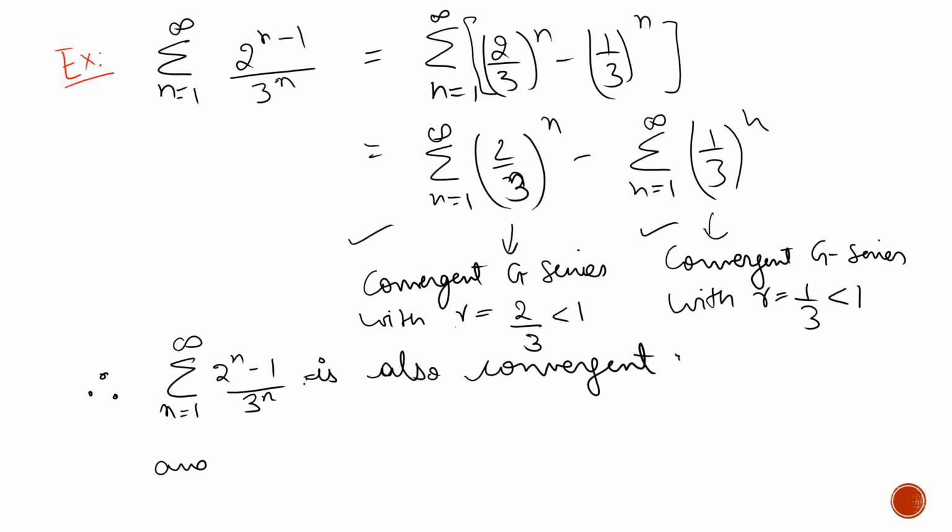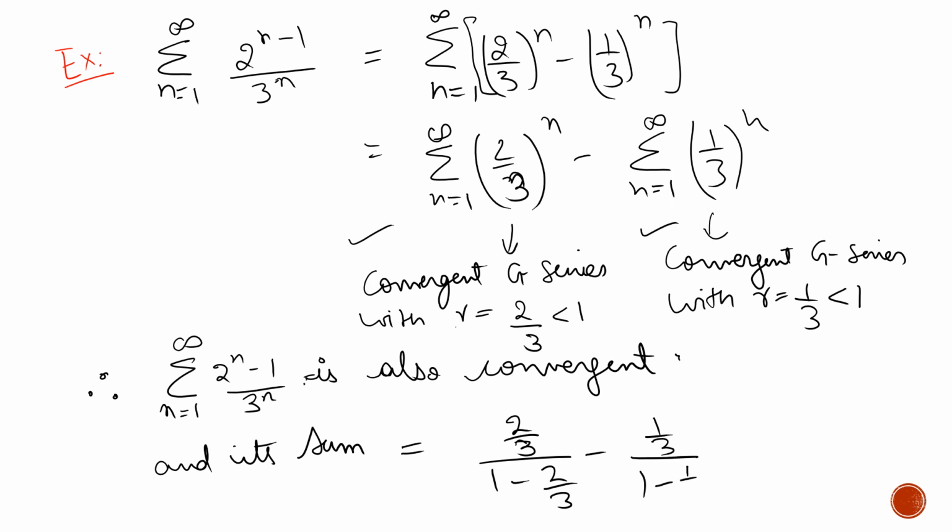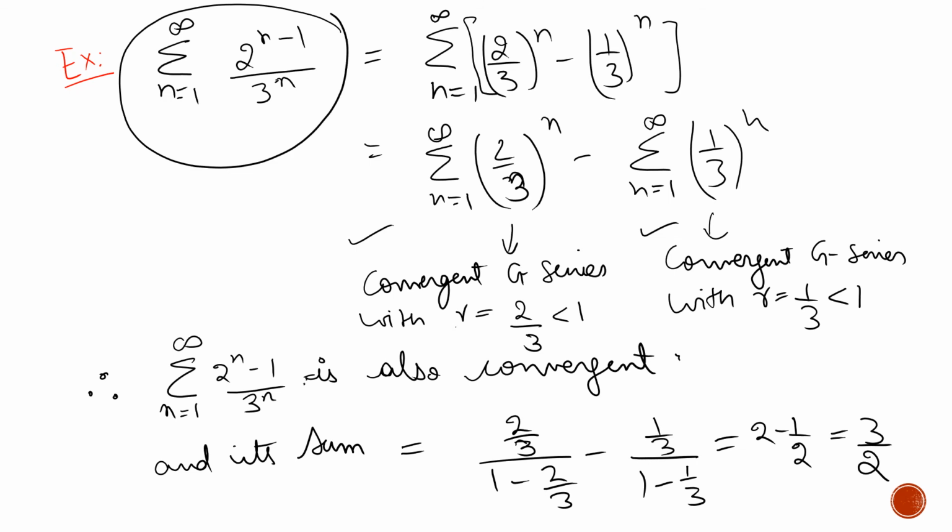Its sum will be equal to, you already know, a by 1 minus r. So I'll write a is 2 by 3 for the first series, 1 minus 2 by 3, minus, for the second, 1 by 3 over 1 minus 1 by 3, so this will be equal to 3 by 2. So you have finally proved that this is a convergent series with the sum 3 by 2.